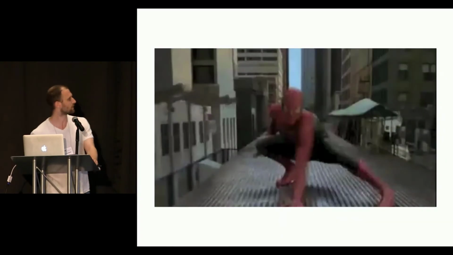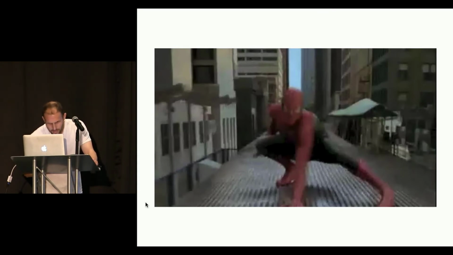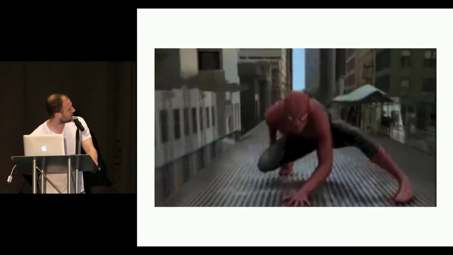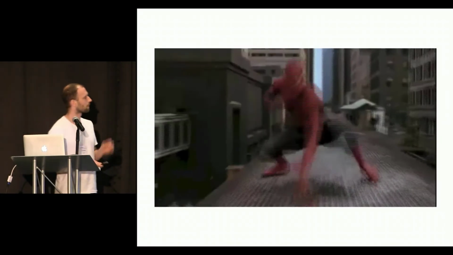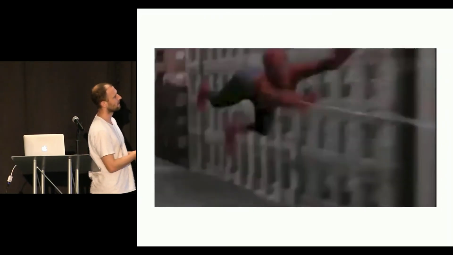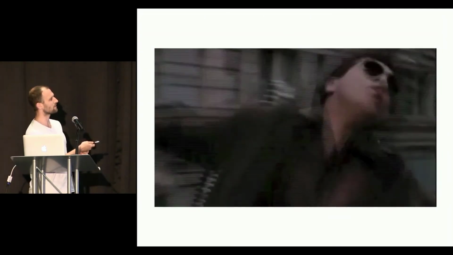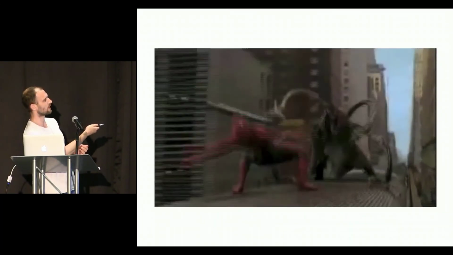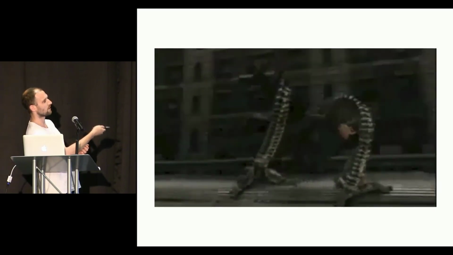So just to give you an example here with Spider-Man, let's see if this works. When you watch the scene, notice that although a lot of stuff is happening here, you can very clearly discern the motion of Dr. Octopus and Spider-Man relative to the train, and the train relative to the background.